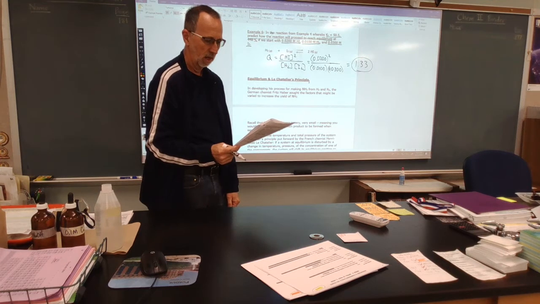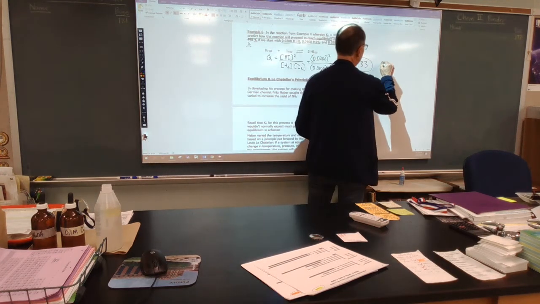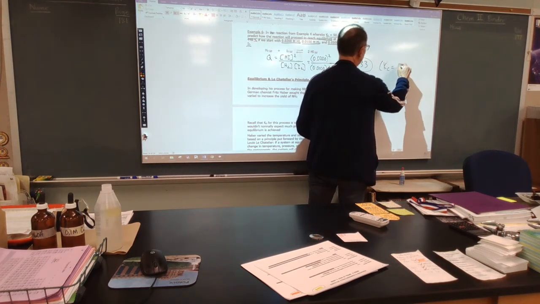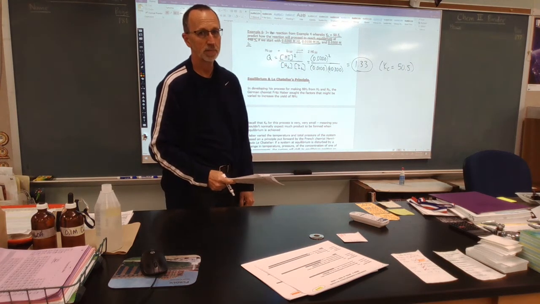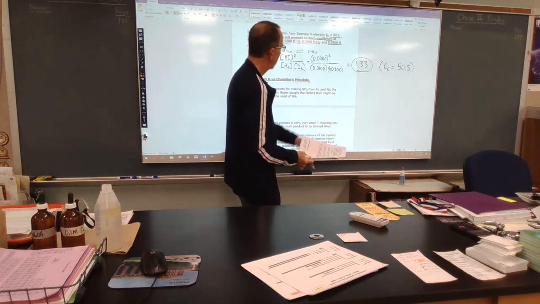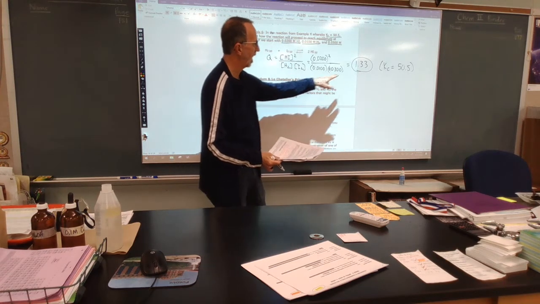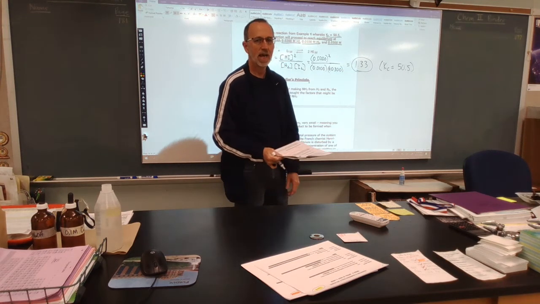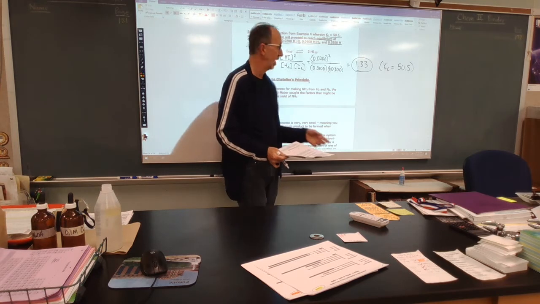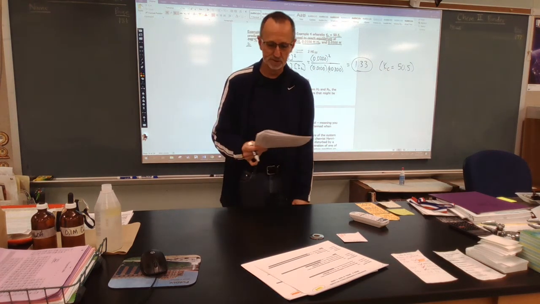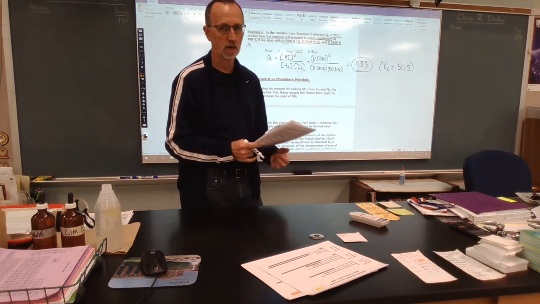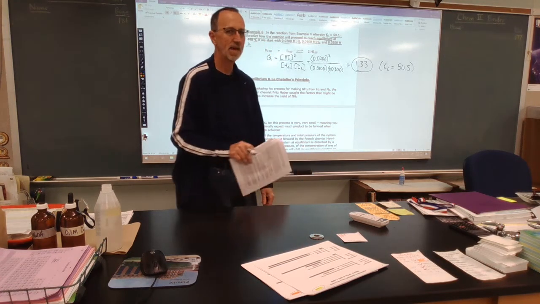Remembering then that Kc for this reaction was 50.5. The ratio of products to reactants was this value. At equilibrium, that same ratio of products to reactants is 50.5, which is much, much larger. So what can we say about that?